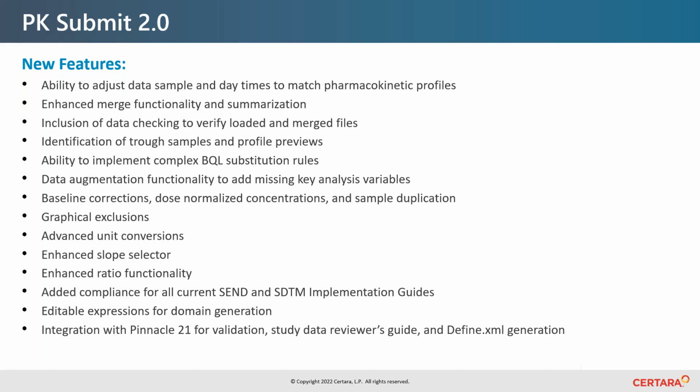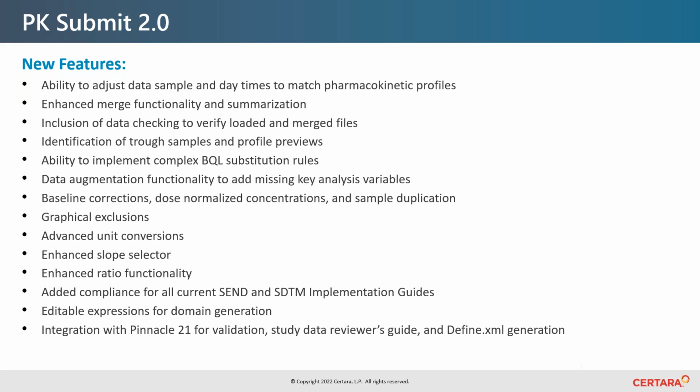So we have 3 implementation guides per standard now within PK Submit. We have editable expressions for the domain generation. So we make the way in which the variables in SEND or STTM are being generated more transparent and customizable if necessary.